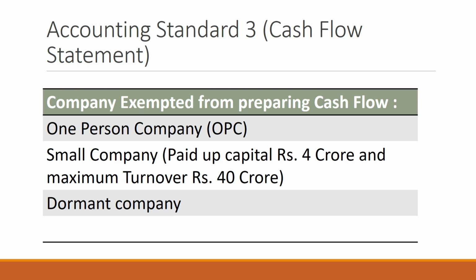Second is small company. These are private companies of a small size where the paid up capital is up to rupees 4 crore and turnover is up to rupees 40 crore only. And third one is dormant company. These are companies that are registered but not active right now, maybe kept for a future project. So only large and active companies are required to make a cash flow statement.